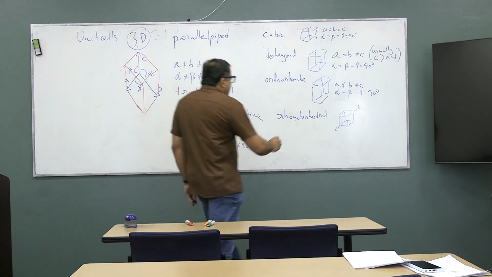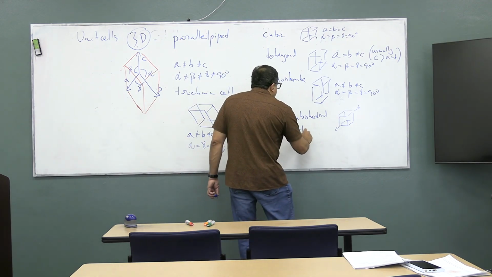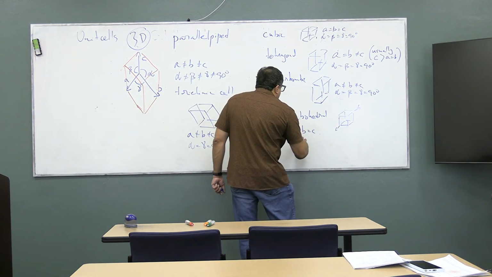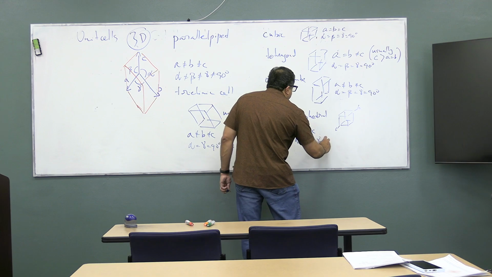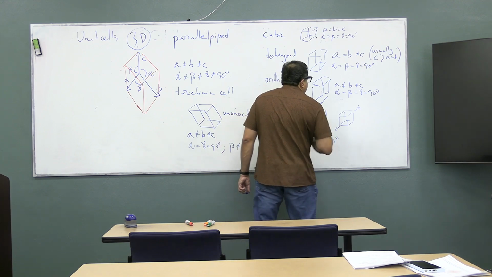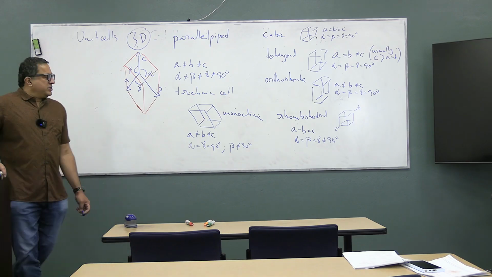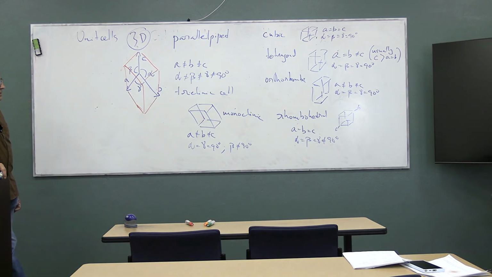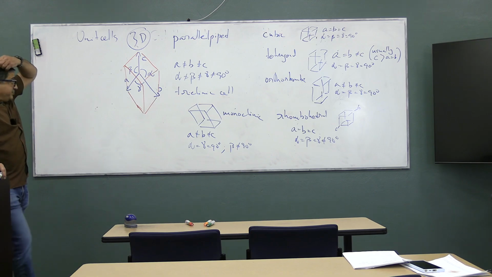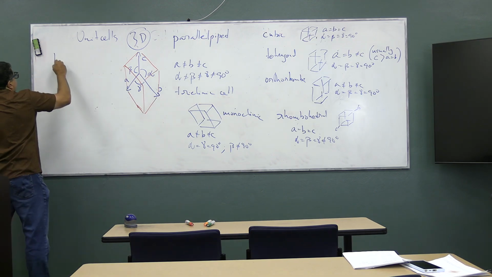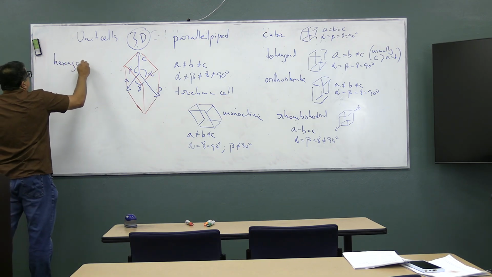And then you'll find that A is equal to B is equal to C, and alpha is equal to beta is equal to gamma, but it's not equal to 90 degrees. That's rhombohedral. And then there is a cell that's called hexagonal, a popular cell.